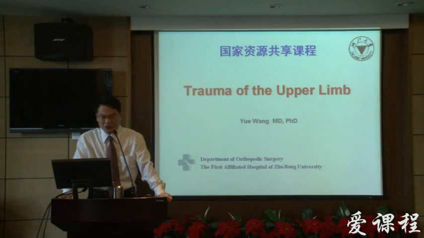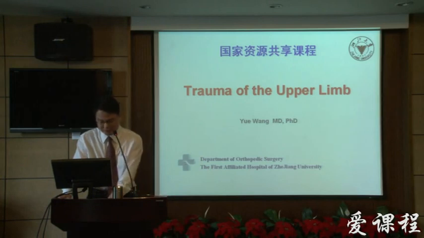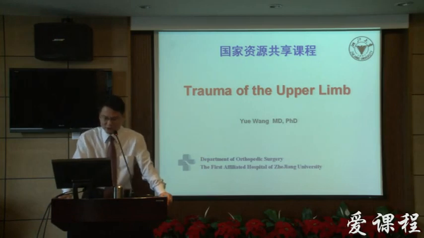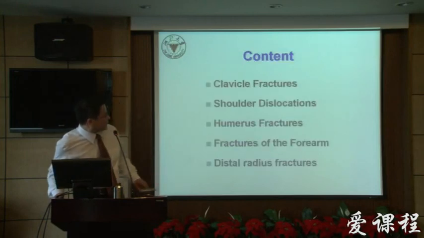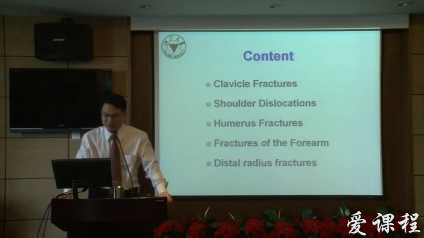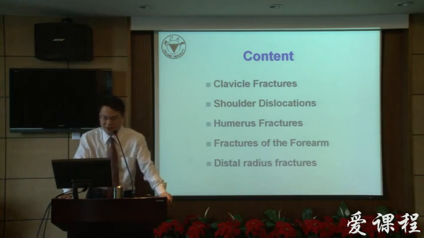And today I'm going to continue to talk about the trauma of the upper and the lower limbs. Last class we introduced the overall general information of the fractures, and this is the content for the first half an hour about this upper limb trauma.